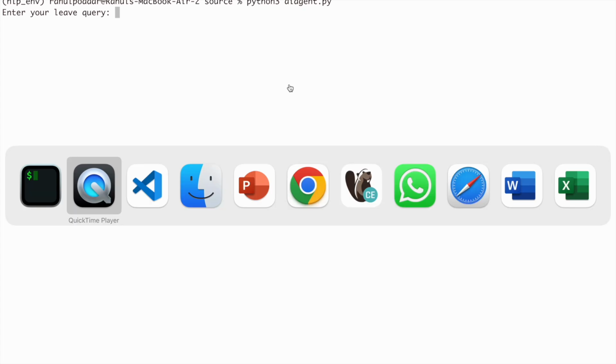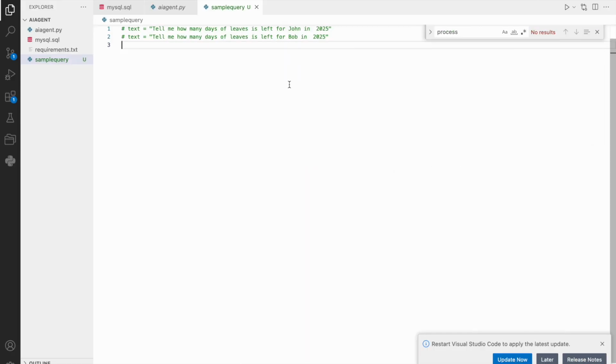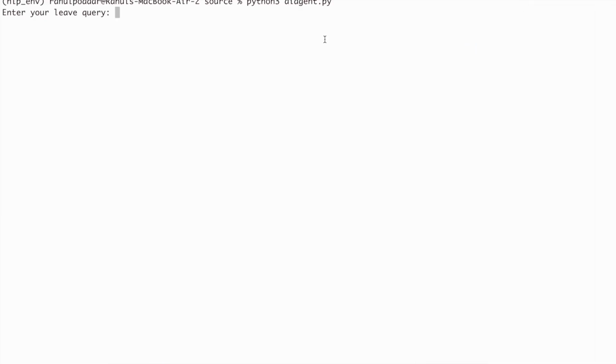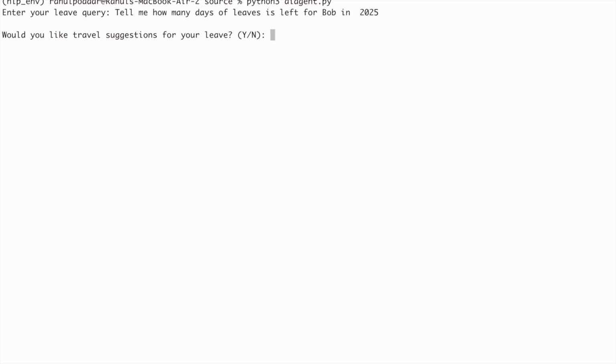I have given some sample prompts that you can also use to test the application, or you can modify these sentences as per your need. So I'm going to provide this here. Now I provided the information. Now it is also going to ask for some extra information, like, would you like to get some travel suggestions?